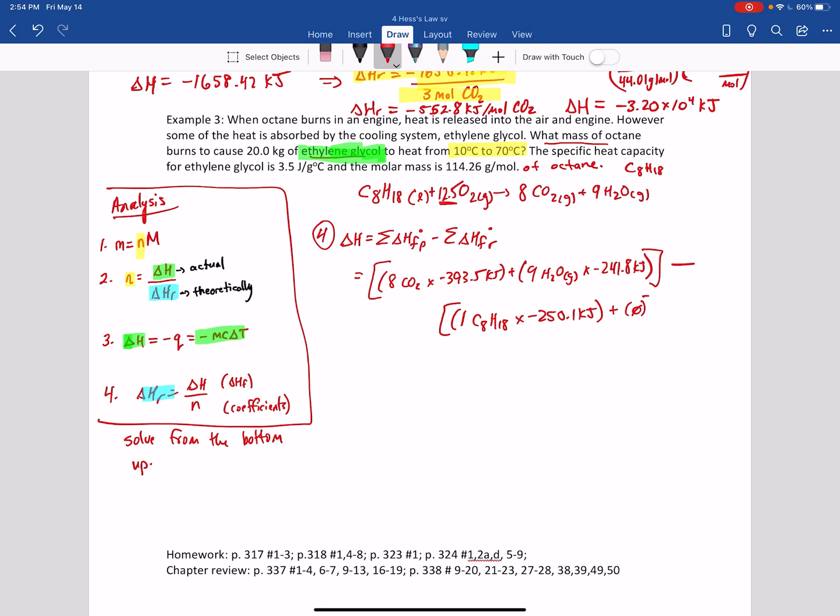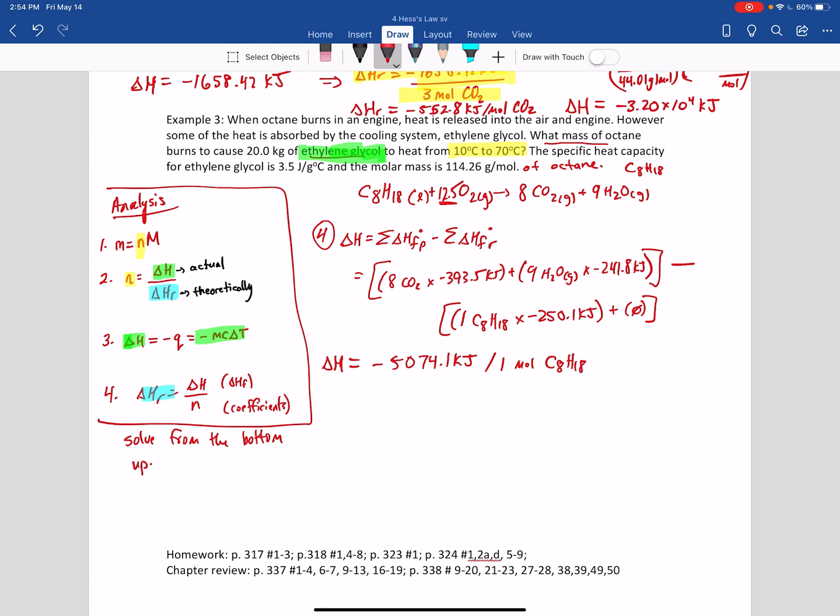Again, because it's pure oxygen, it has no contribution to it. So when we simplify that, we get an energy change of negative 5,074.1 kilojoules. And again, take your time to solve that. And that is for 1 mole of octane.